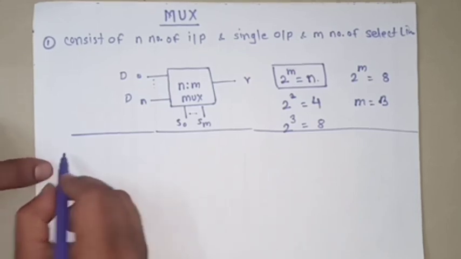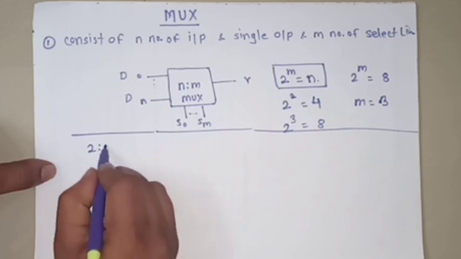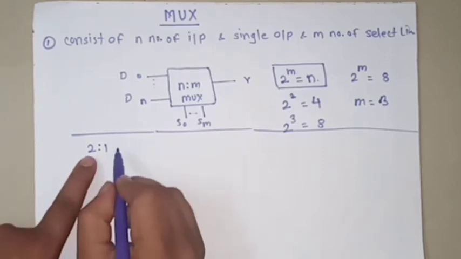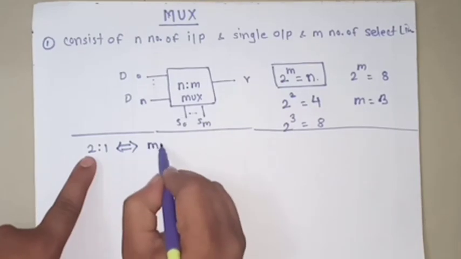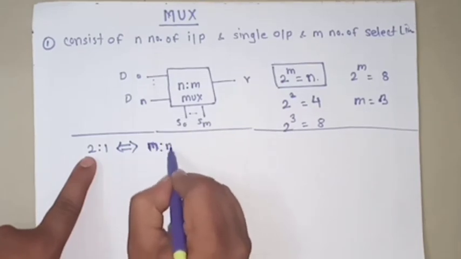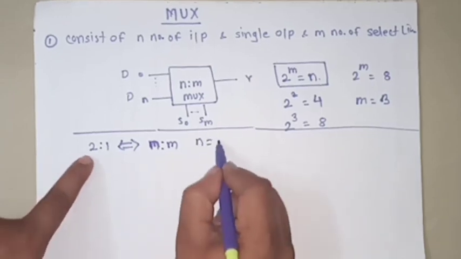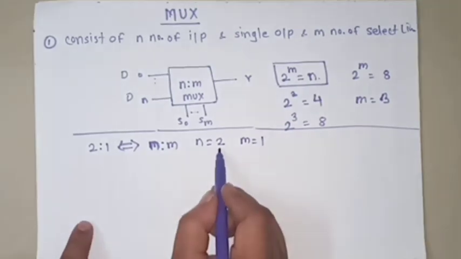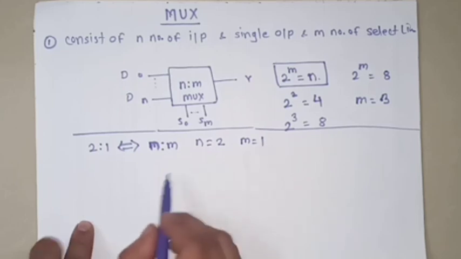Now we will see the first type of multiplexer, that is the 2 to 1 mux. If we compare it with n to m, then here n equals 2 and m equals 1. It means we have two data lines and one select line.